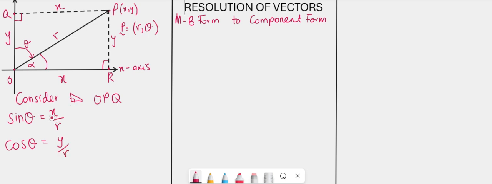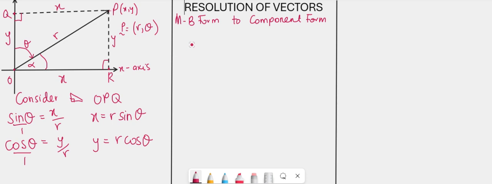So if we make x the subject, we can cross multiply, and we'll have x is equal to r sine theta. And again, we can cross multiply our second equation, and we'll have y is equal to r cos theta.